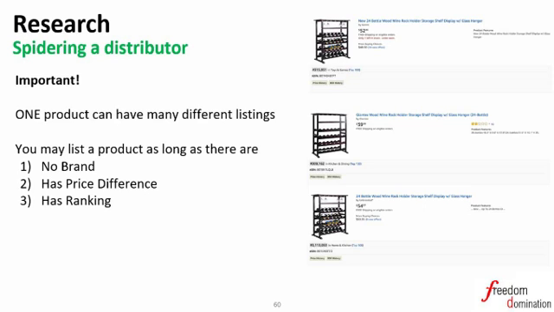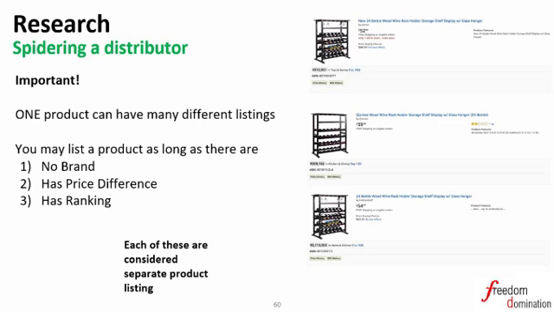A quick search from the product we've chosen shows there are 3 different listings. Now we shall look at them one by one and compare which is eligible to list.